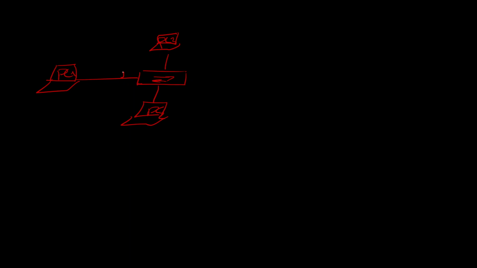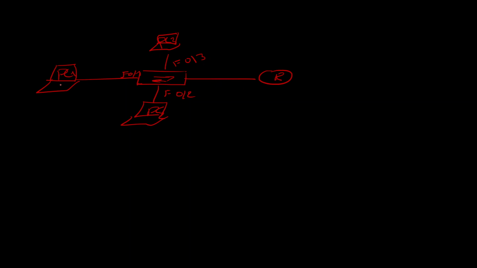PC1 is connecting to the switch via FA0/1, Fast Ethernet 0/1, PC2 via Fast Ethernet 0/2, and PC3 is connected to the switch via Fast Ethernet 0/3. And let's say we have a router right here, the default gateway.